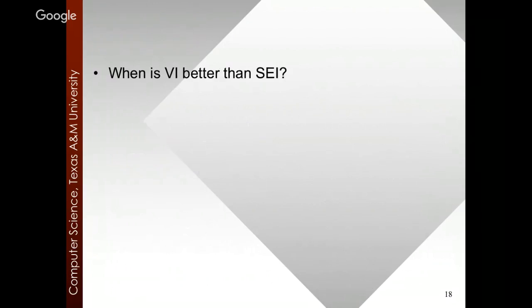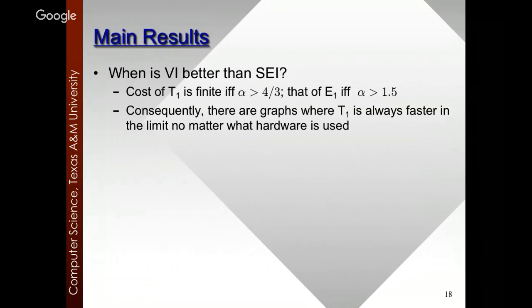So finally, what's the result of comparing vertex iterator and scanning edge iterator? Conditioned on we already have the best representative from their own category. So assuming Pareto degree distribution, which is commonly observed and used in real-world graphs, the per-node cost of T1 is finite if alpha is larger than 4/3, which agrees with the result in the prior work.